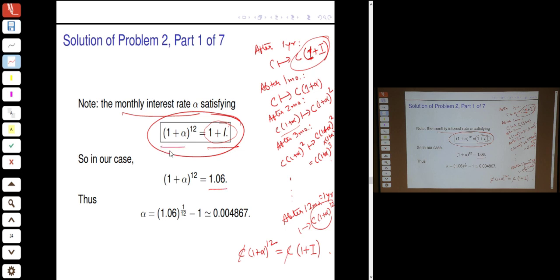And the first quantity that we will figure out is the monthly interest rate, alpha. So we have to solve for 1 plus alpha to the power of 12 is equal to 1.06. So alpha is 1.06 to the power of 1 over 12 minus 1. And if you do it with the calculator, you will get something very small like 0.004867. Okay.